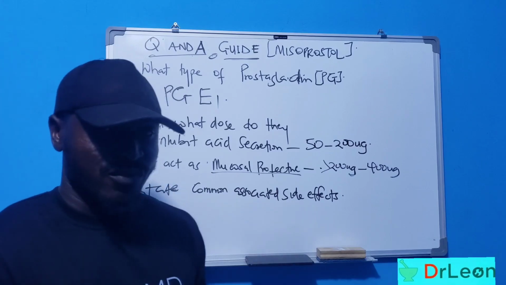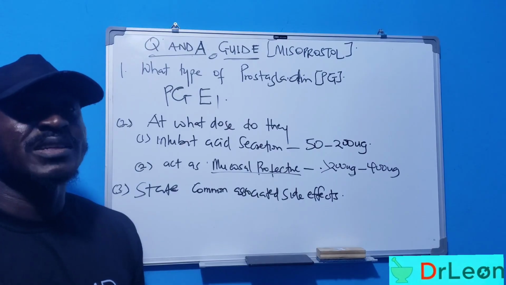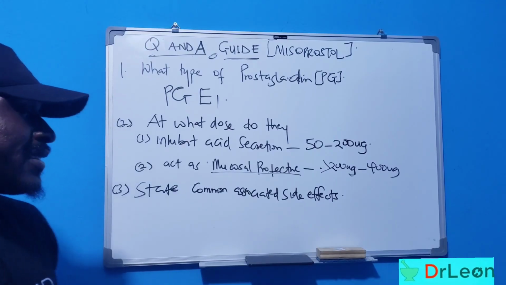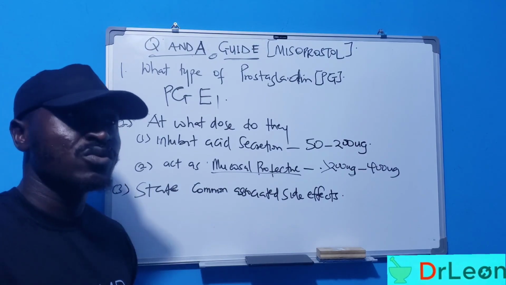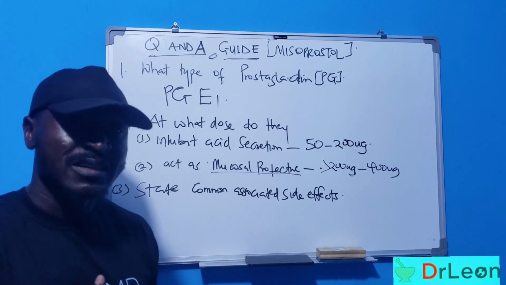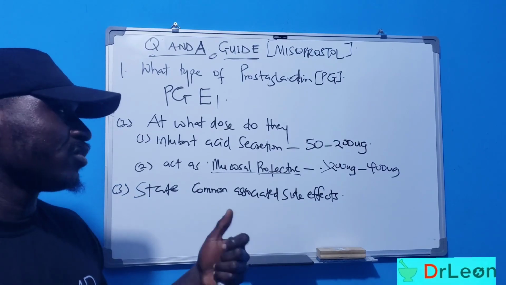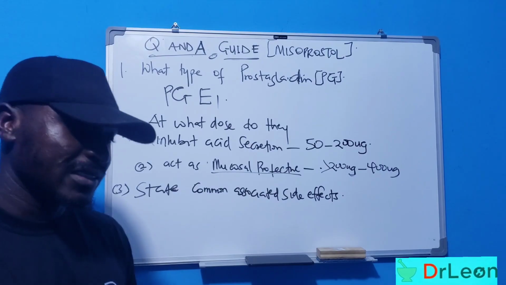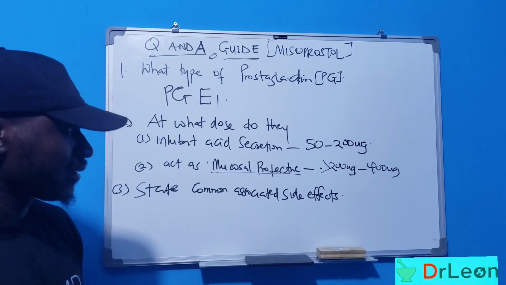Beyond 400 microgram, we will be experiencing a side effect of the Misoprostol, which is they are able to stimulate uterine contraction. And if someone is pregnant and the person is being put on this medication, there is a high risk of the person losing the pregnancy.